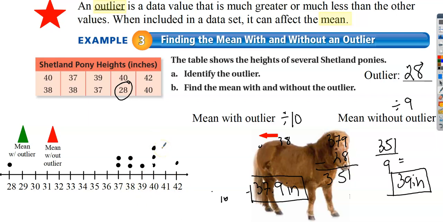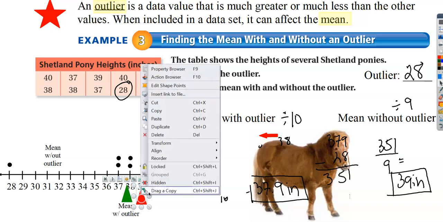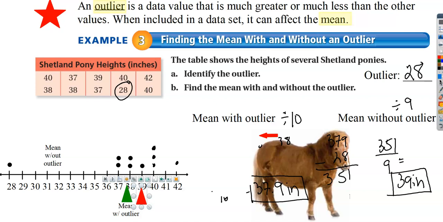Okay, so what we figured out was the mean with the outlier is right here, right? 37.9, almost 38. That's about where that is. And the mean without the outlier is a little bit higher, right? It's at 39. Now, it does make more sense to use the 39 because when you look at the picture of where all the dots are, they seem to be from 37 to 42, right?